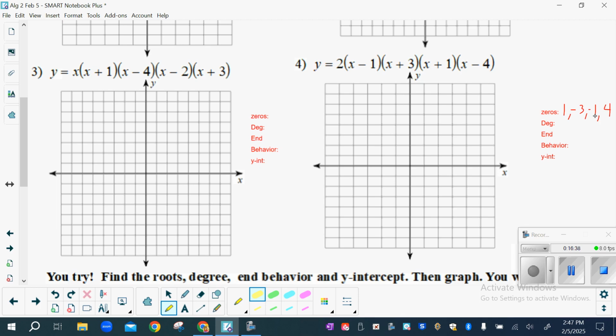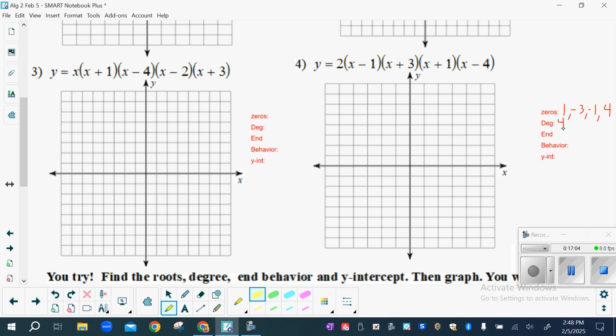Okay, what is my degree? This group here. What's my degree? How many x's are there? 4. Yep. So it's a degree of 4. So now is 4 even or is that odd? 4 is even. So is my A positive?